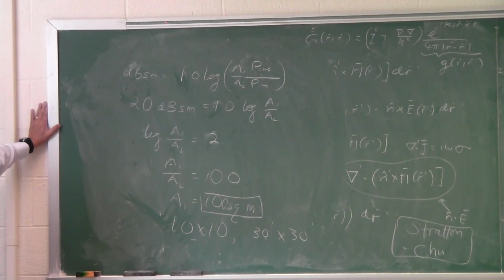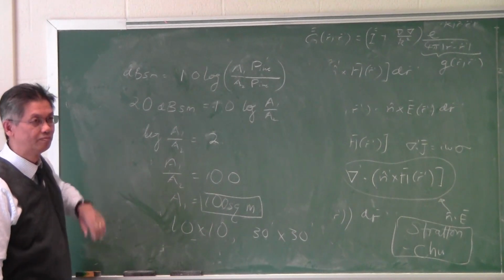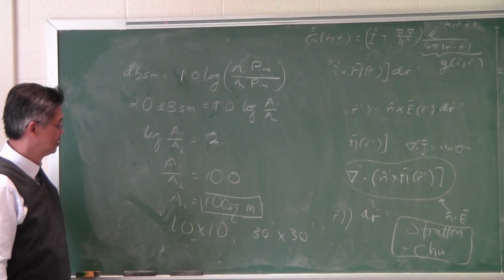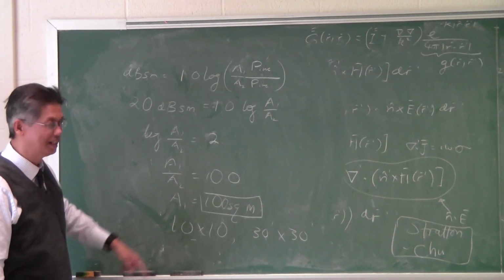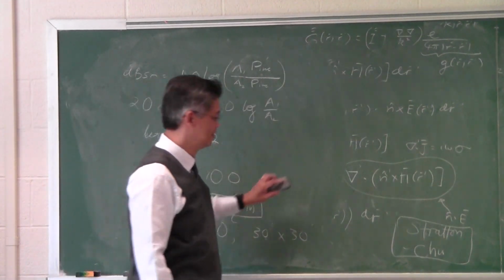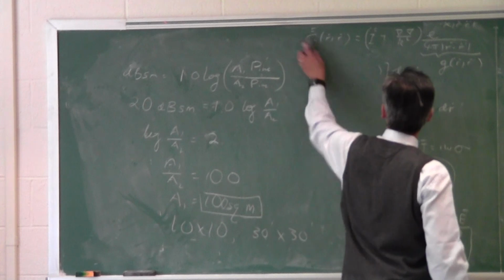Can a car be 30 feet long? It looks very big to me. Maybe it's about the way reflections happen. Okay, so that is the radar cross-section part.